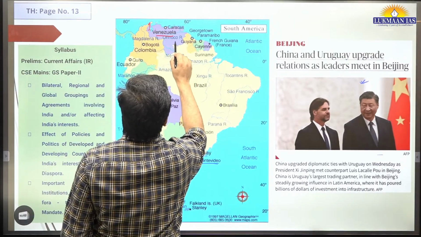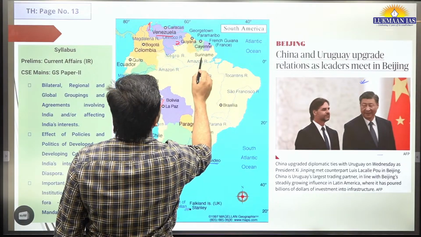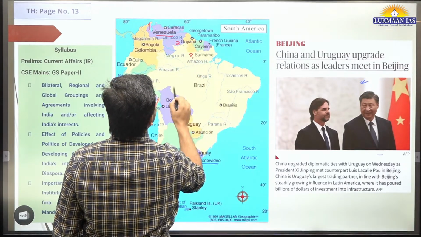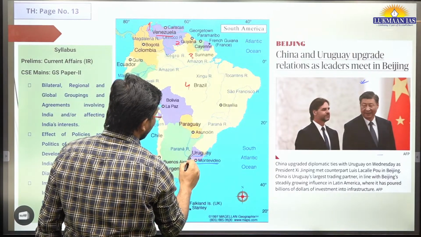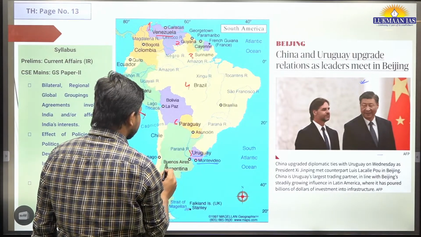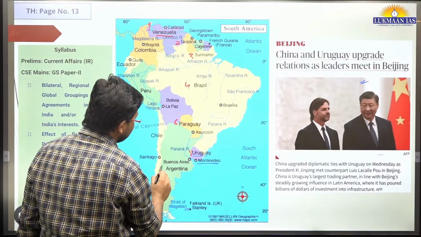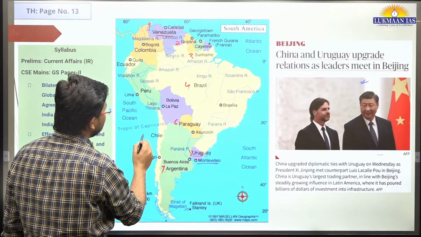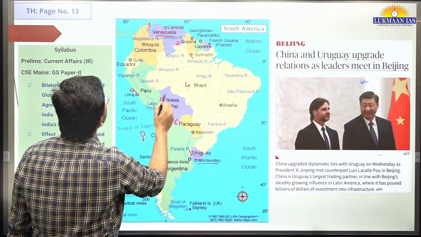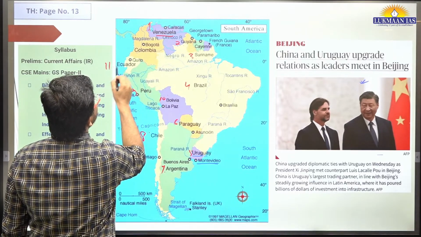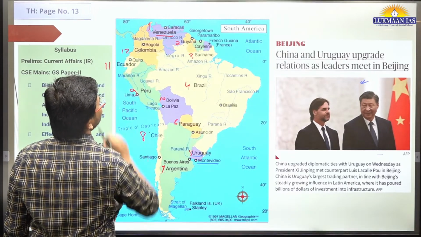Then we have Guyana, another country. Then Suriname, third country. Brazil, fourth country. Then Uruguay, fifth country. Paraguay, sixth country. Then Argentina, seventh country, right? Chile, eighth country. Peru, ninth country. Bolivia, 10th country. Ecuador, 11th country, and Colombia, 12th country, right?